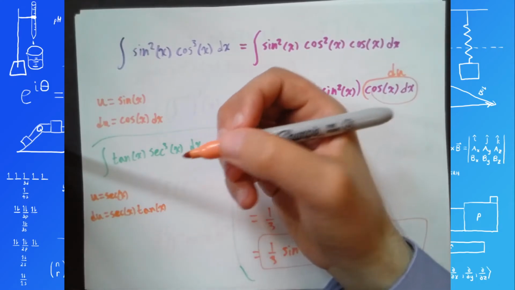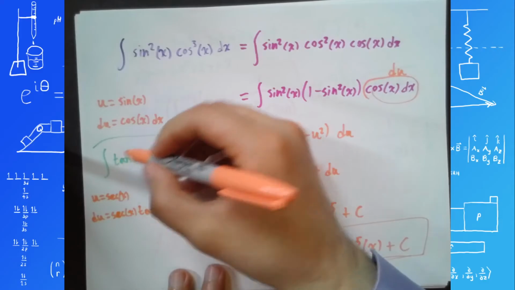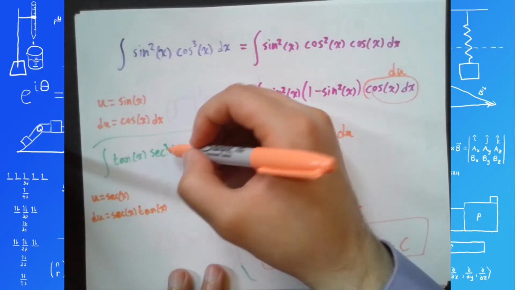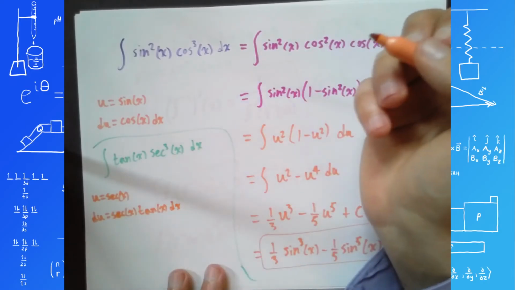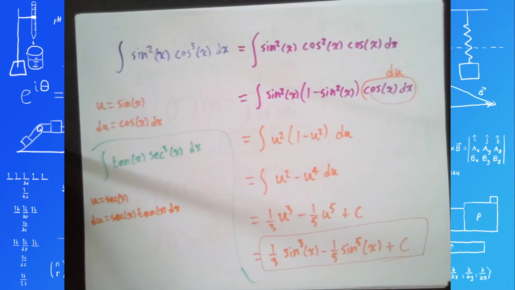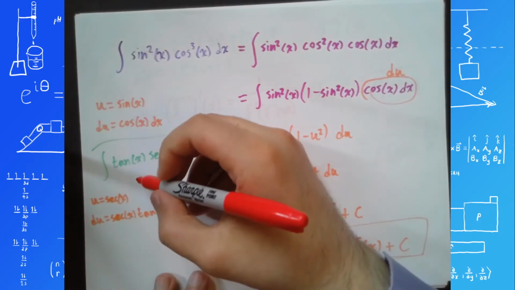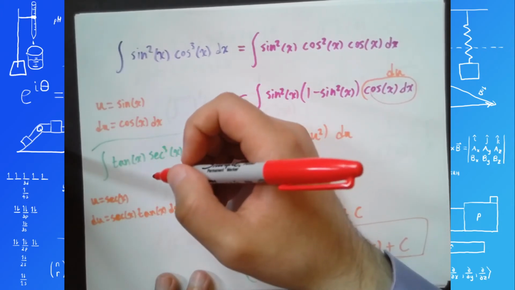Okay, that works out fine because I can take a tangent and one of my 3 secants with my dx to get my du, and I would be left with the integral of secant squared, which I know is tangent. Okay, that one's not too bad. So I didn't have to use any trig identities at all in this case.